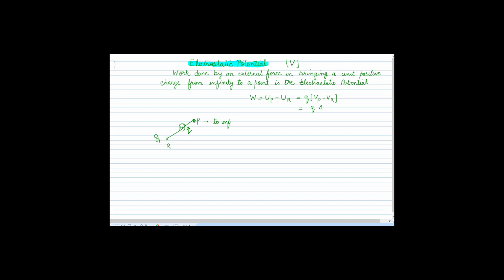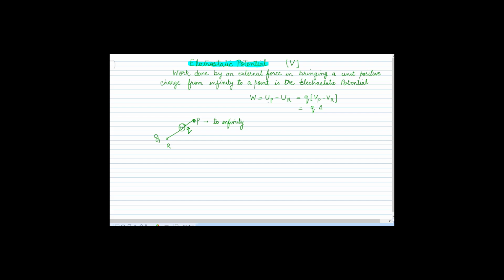That means now we are bringing our test charge from infinity to any point R. So the work done is equal to the electrostatic potential at point P minus electrostatic potential at point R, and this is given as the test charge multiplied with the difference. So now we can say that the total work done is equal to electrostatic potential energy at point P minus electrostatic potential energy at point R.